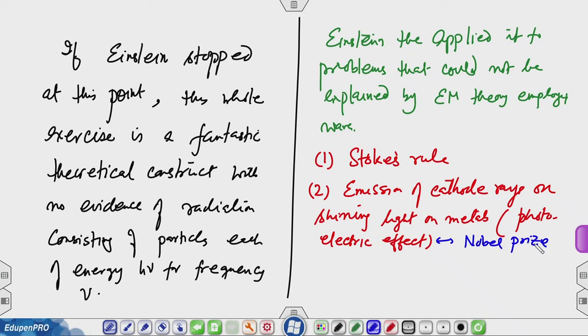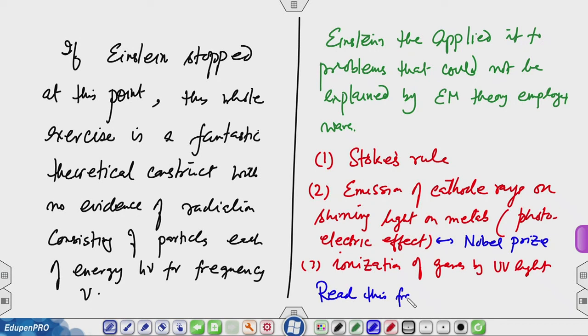But you see, this was only a part of the whole concept of photon. And third was ionization of gases by UV light. I'd like you to read this from the reference paper.